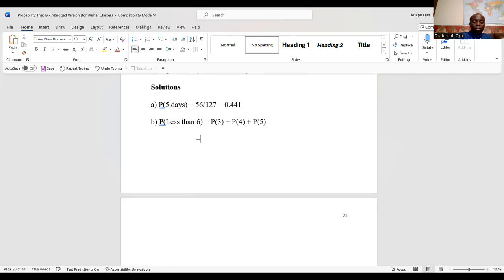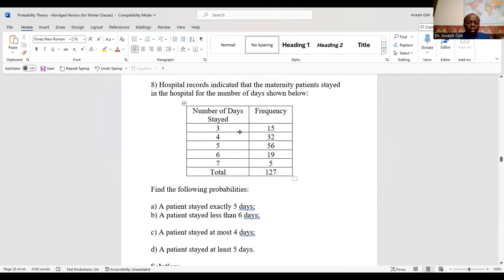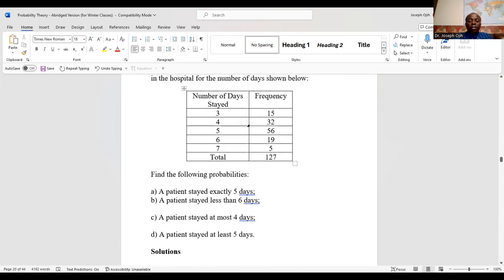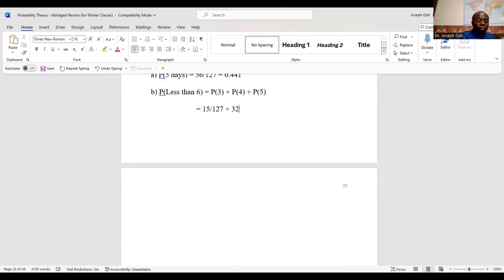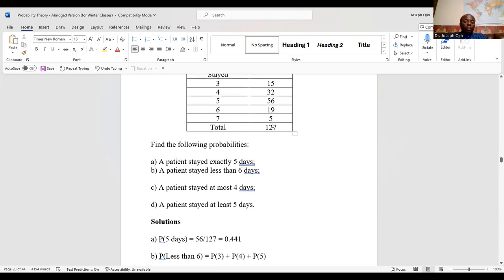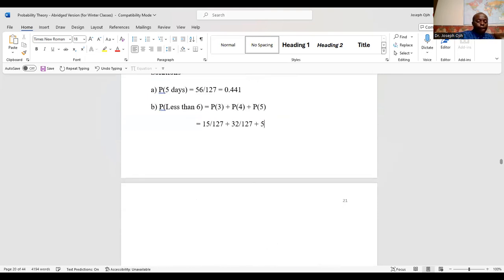So let's see the results. For 3 days, you have 15 out of 127, plus for 4 days, we got 32 over 127, plus for 5 days, we have 56 over 127.